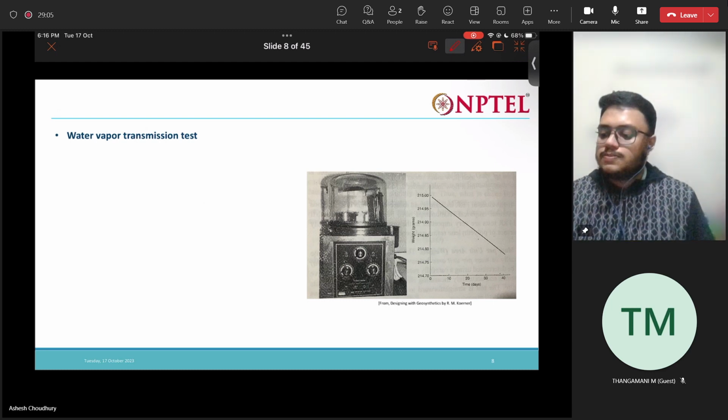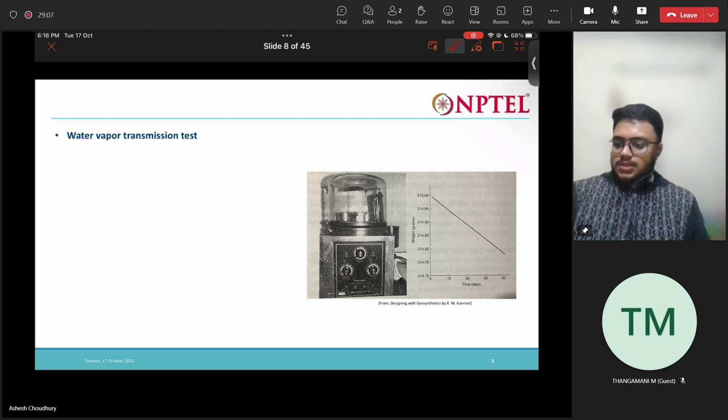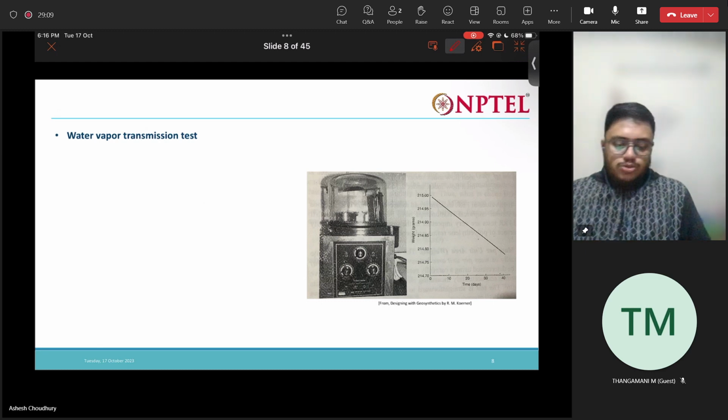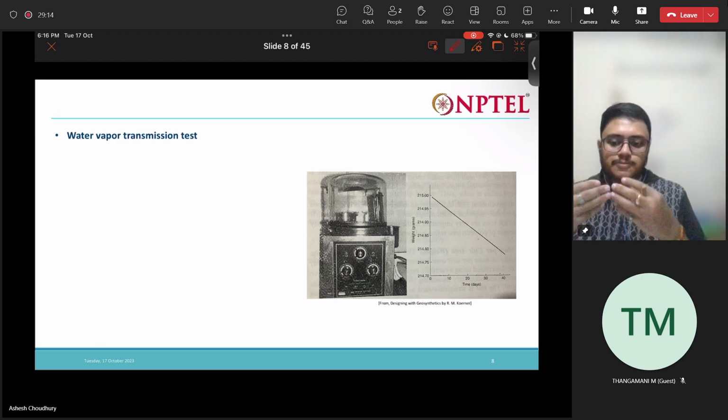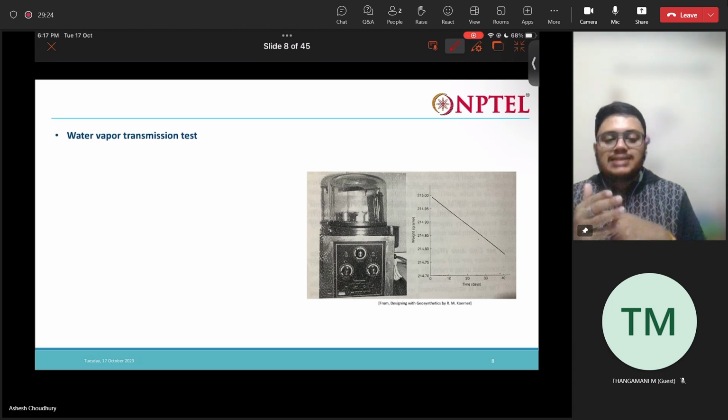Now let us come to this water vapor transmission test. In the water vapor transmission test, we determine how much water vapor is actually passing through the geomembrane layer.